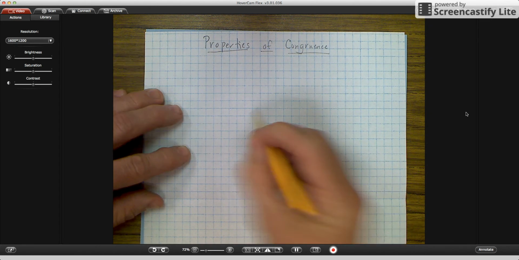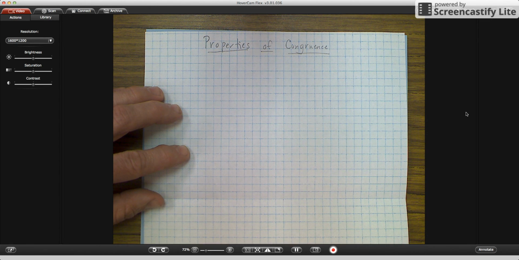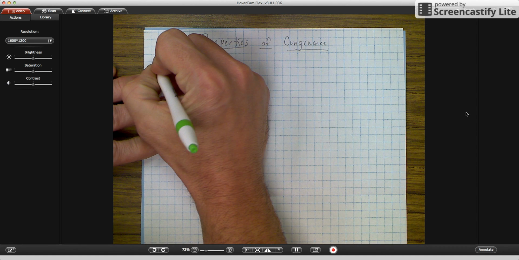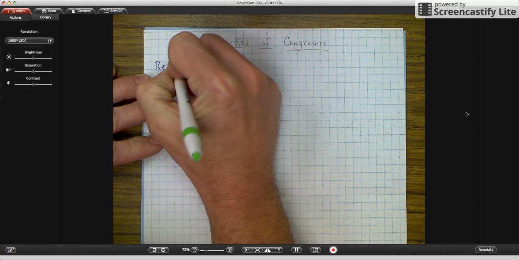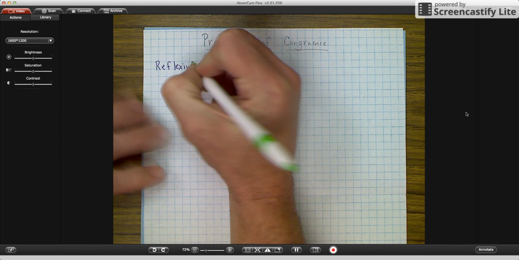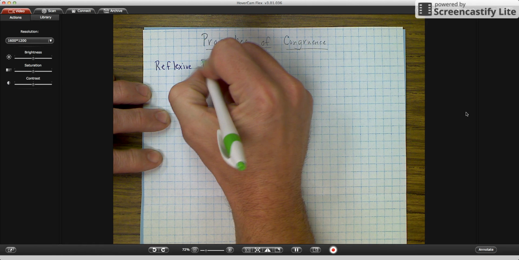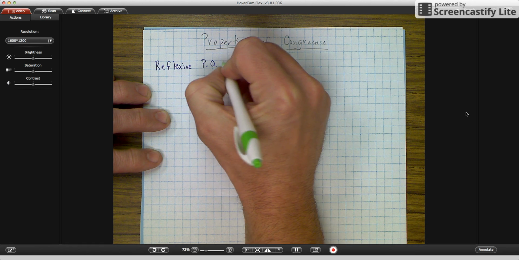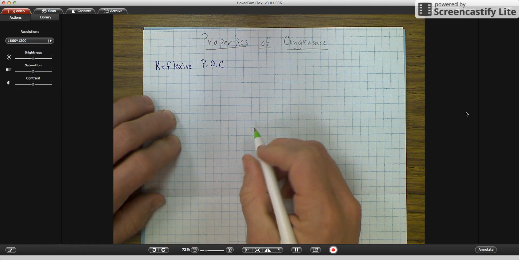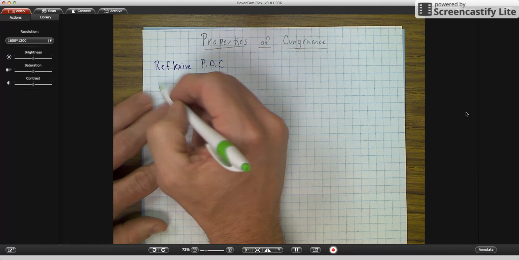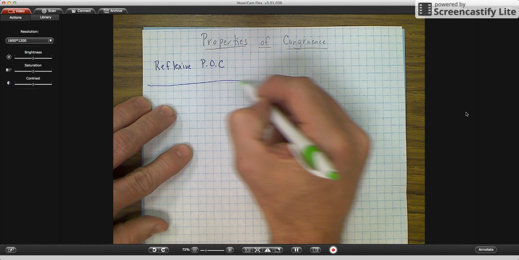The first property of congruence, I'm going to use a different color pen so you can see it a little bit better, is the reflexive. Reflexive, like a reflex. Reflexive property of congruence. Okay? We're going to do 3 different properties.